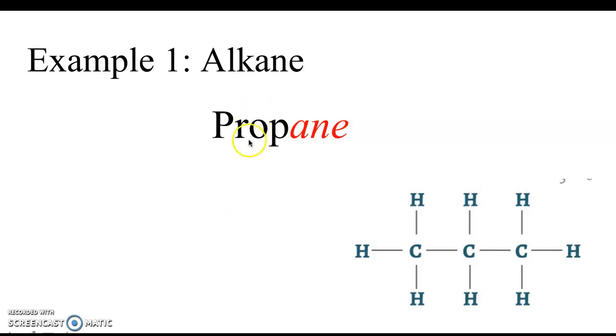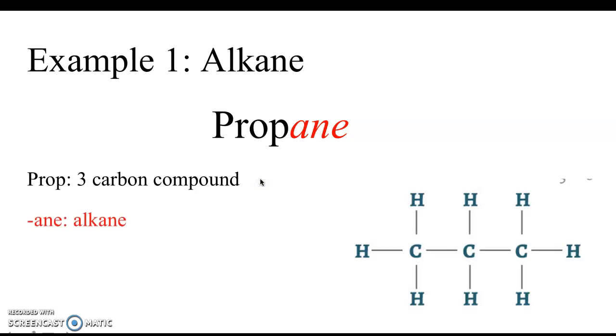And if we go to table P, you're going to see that 3 carbons have the prefix prop. Because this is an alkane and it has all single bonds to hydrogens, it gets an ANE ending. So again, prop comes from the fact that it's a 3-carbon compound. ANE indicates that its class is alkanes, all single bonds, and we get the name propane.